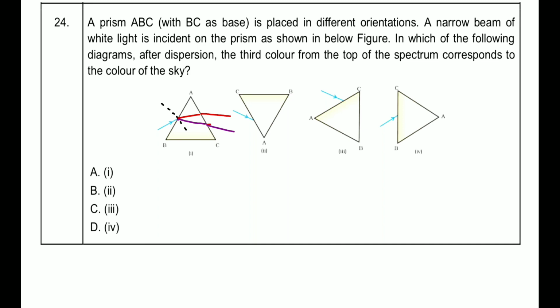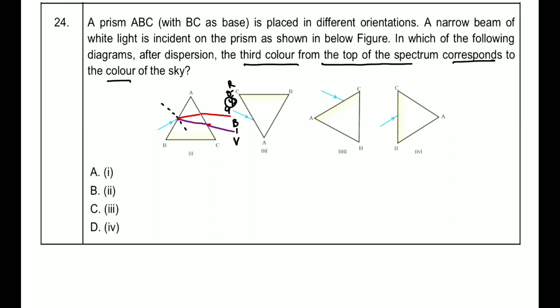So here you will have VIBGYOR, with red at the top. Is that a yes or no? So according to the question, in the first option, the third color from the top is red, orange, yellow. No, yellow does not correspond to the color of the sky.